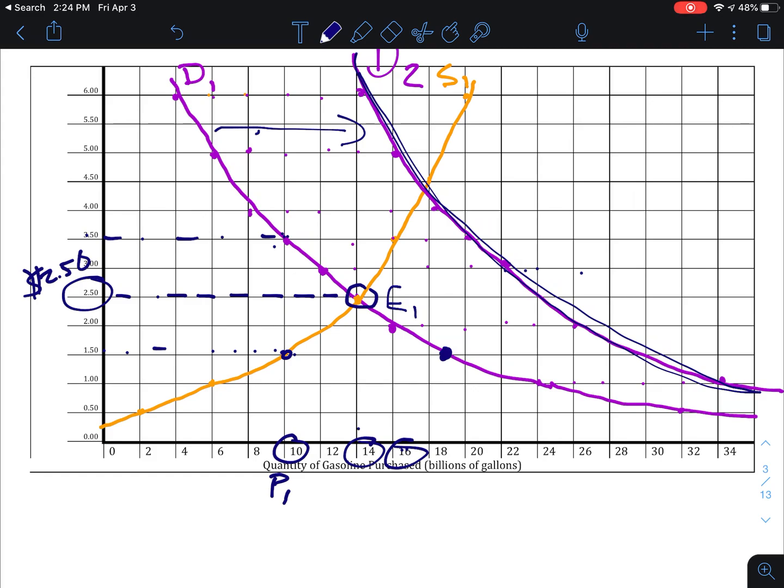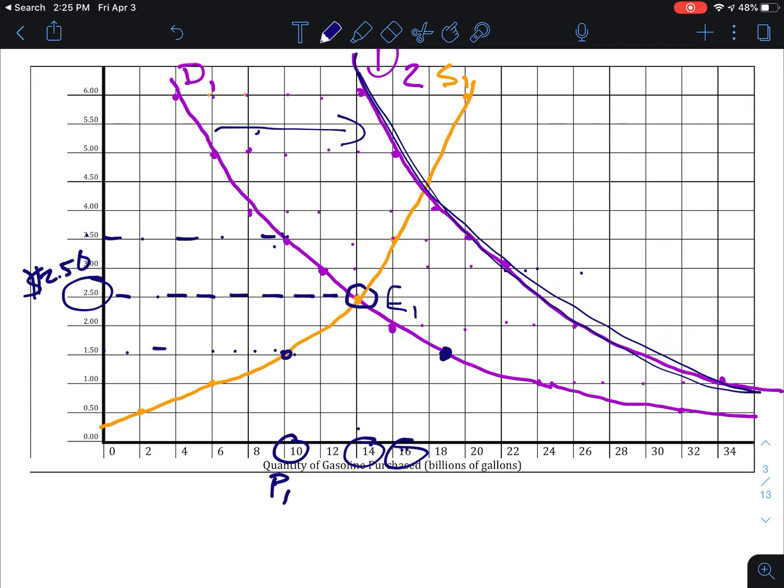I think the illustration I gave was toilet paper. In this particular graph, we've got a demand for gasoline, but with toilet paper, people wanted more toilet paper at all possible prices. It shifted the entire demand curve over to the right. It wasn't that we played with the price.